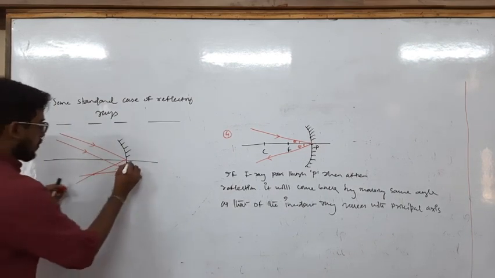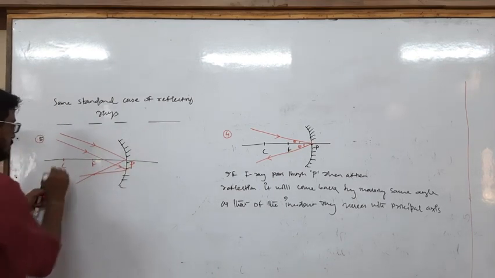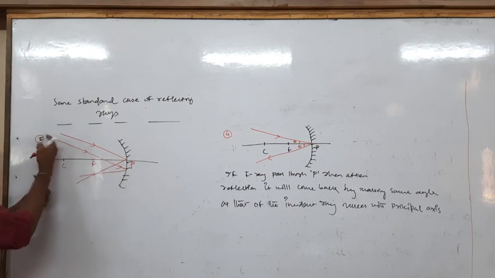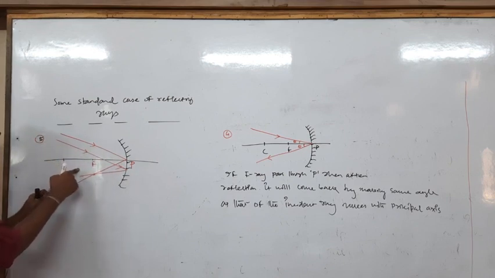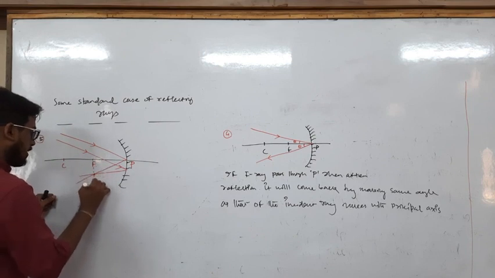If this is the pole, this is the focus and this is the center of curvature, and these are the incident rays parallel to each other but not to the principal axis, then after reflection they will pass through a point on the focal plane.